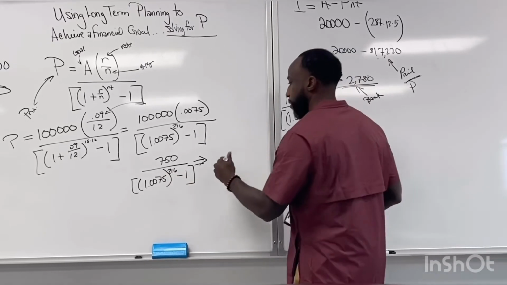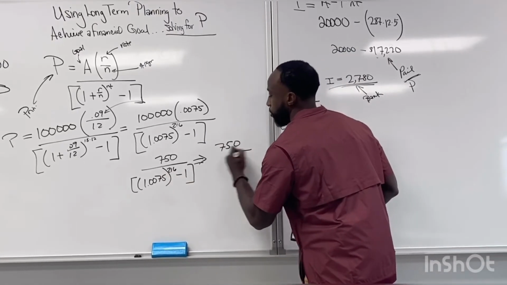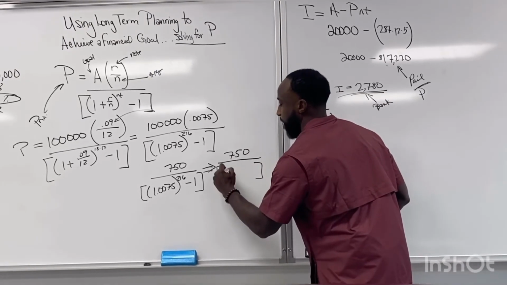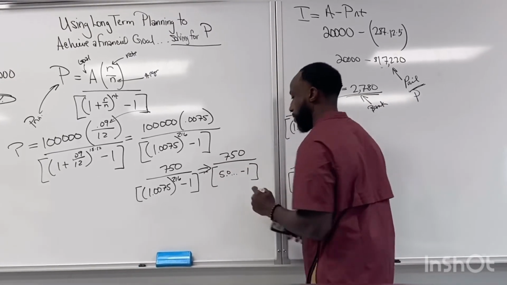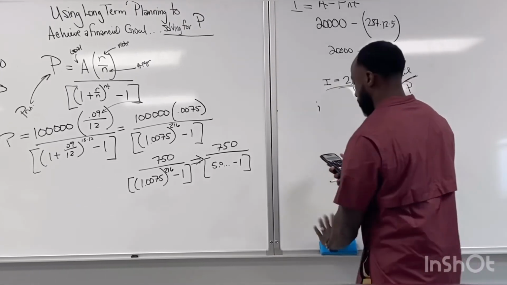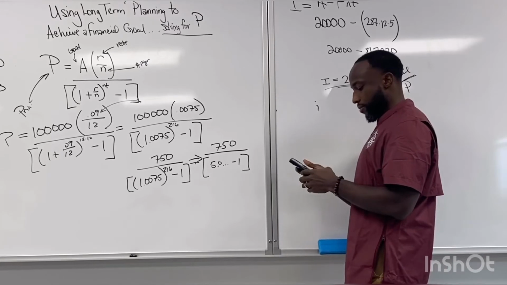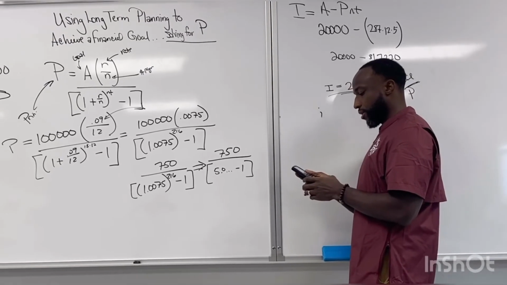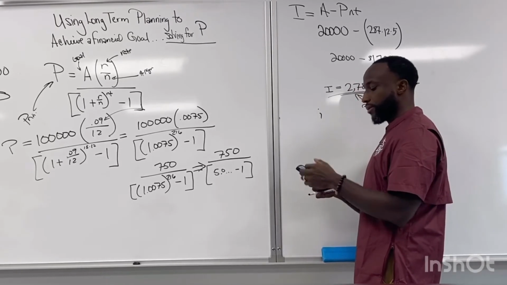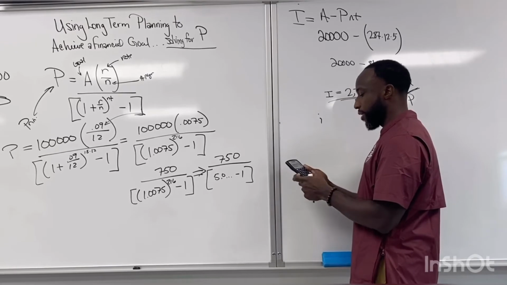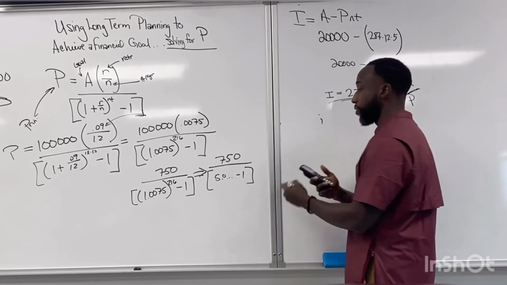So 750, who's doing math with me? That gives us 5.0 something. 1.0075 raised to the 216 equals 5.022. Minus 1 gives us 4.022.